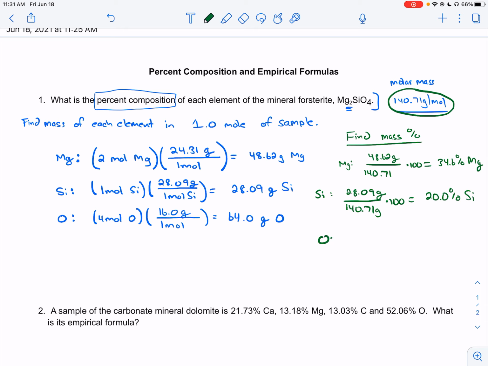And finally for oxygen, 64 grams over 140.71 grams times 100 equals 45.5% oxygen. So here are the mass percents of your 3 elements in the mineral Mg2SiO4.